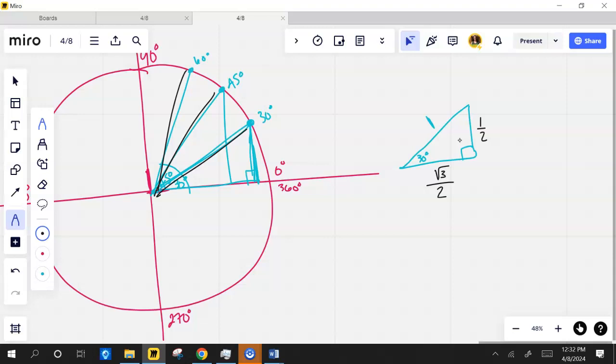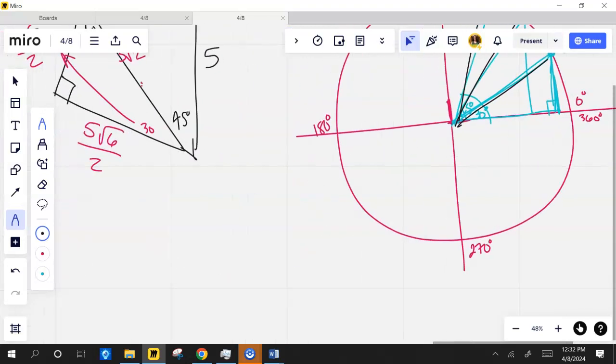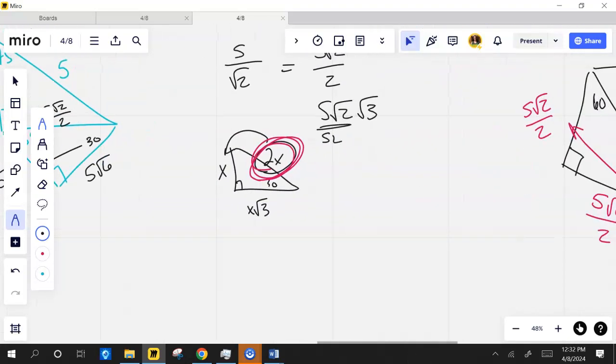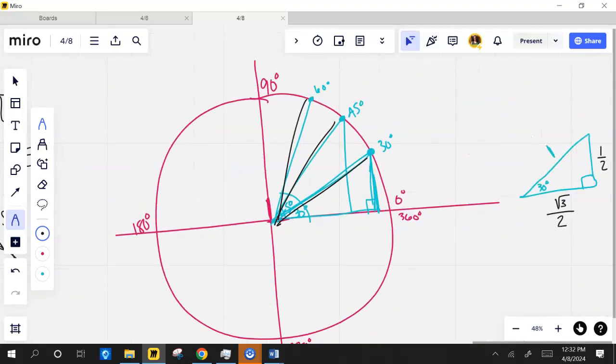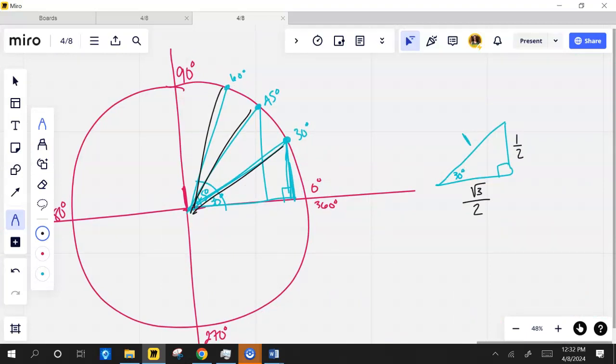Because to go from hypotenuse to short leg, I had to divide by 2. Can we all see where those 2 sides came from?